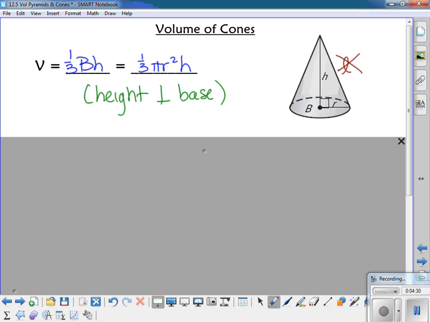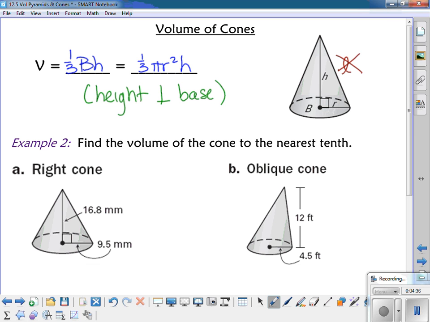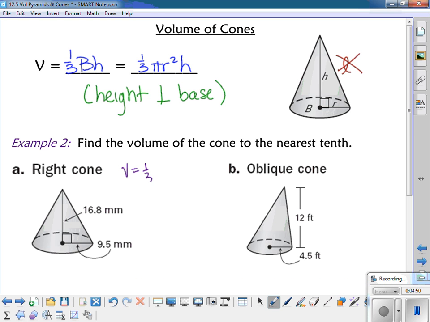All right. So let's take a look at some examples. We're going to find the volume of the cone for a right cone and an oblique cone, and it makes no difference. We're going to use the same formula for both of them. So the volume is 1/3 pi r squared h.